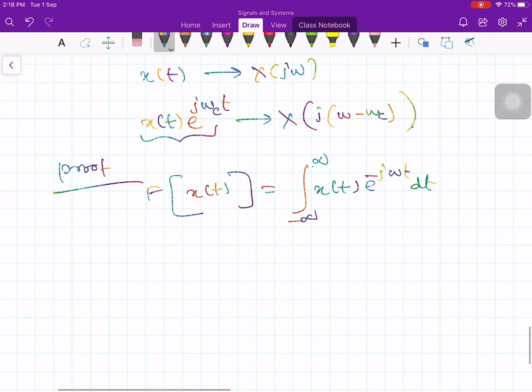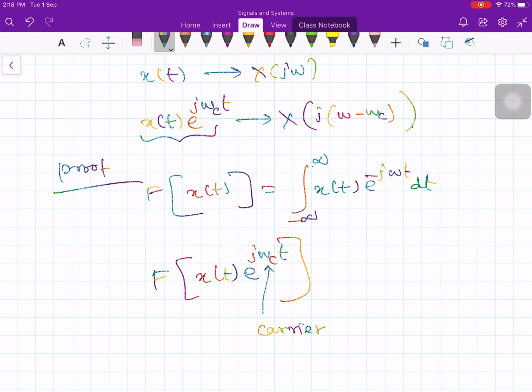Now what we are saying is x of t multiplied by e to the j omega ct, not omega. As I already told you, the suffix c indicates carrier. That will be very clear when you study amplitude modulation in the next semester. So the integral of x of t e to the j omega ct times e to the minus j omega t dt, and the limit is minus infinity to plus infinity.